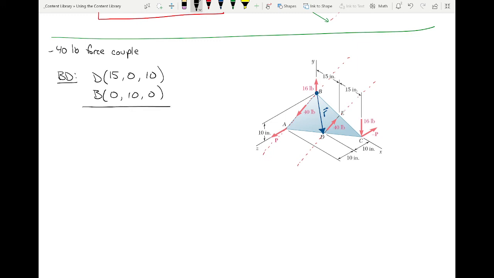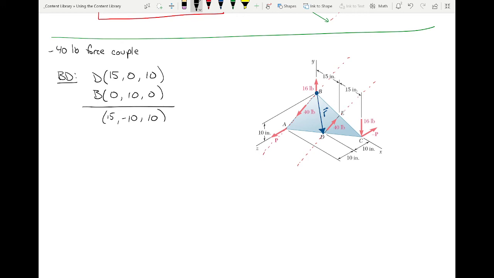I'm doing it a different way than what I have in my little calculations here, so I'm going to need your help. So what do we have? We've got 15, negative 10, 10. Is that a fair statement?